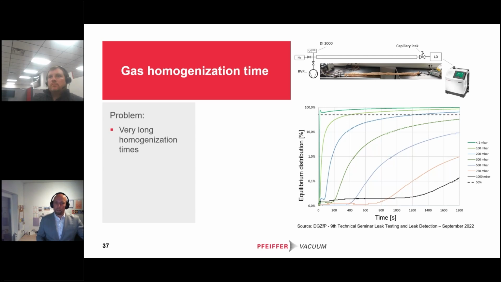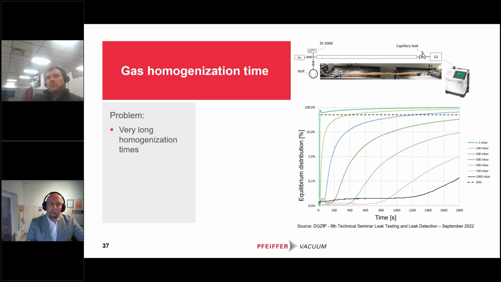What we already see, when we look at the orange or the black line, which more or less is the range where our target pressure will be in between, is that even after 20 minutes we have not really achieved 0.1% of equilibrium distribution, which is a very bad result for us because it means we have to wait for a long time to really achieve the concentration we want.